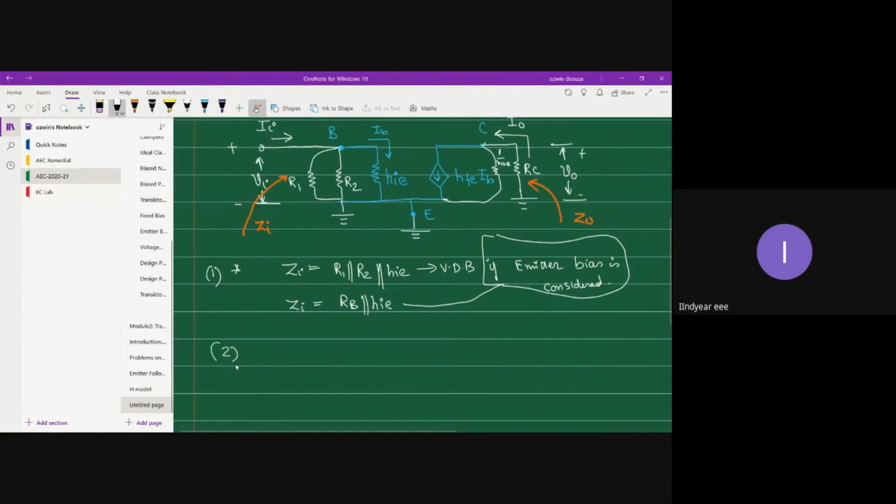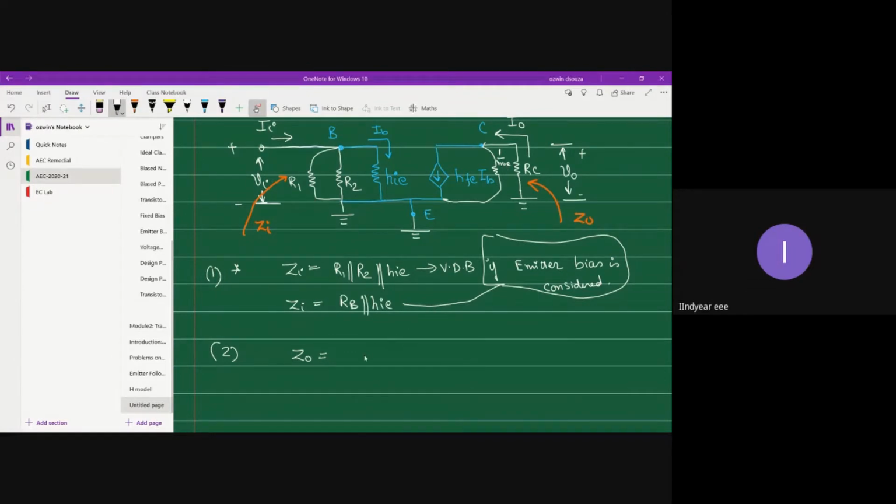Okay, the second performance parameter, let's go for Z0. Okay, so what do you see when you look at the network from the output side? So output side, we have terminal C and terminal E. Terminal E is at ground potential. So across collector and ground, we see that RC and 1 over HOE are connected in parallel.